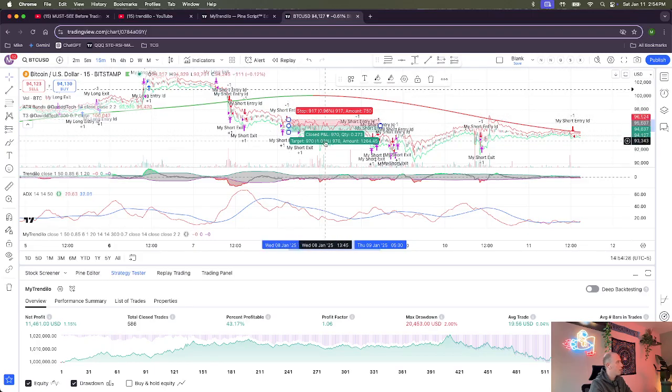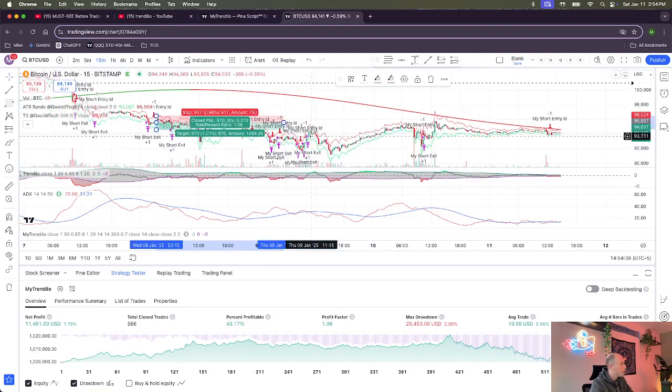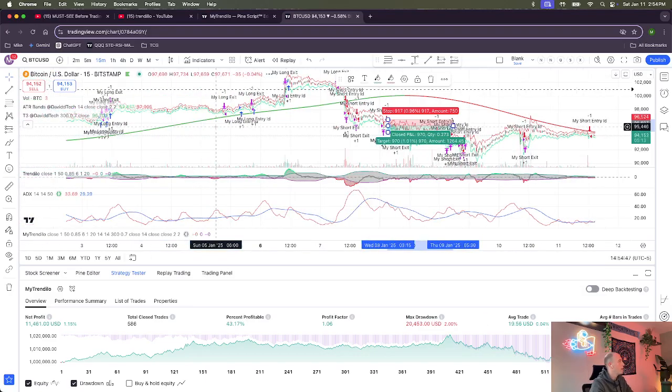That ended up being about the 1%, and the risk ratio was, let's see, can't really tell from here. Oh, here it is, it's about a risk of 1. So that's an example of the short.